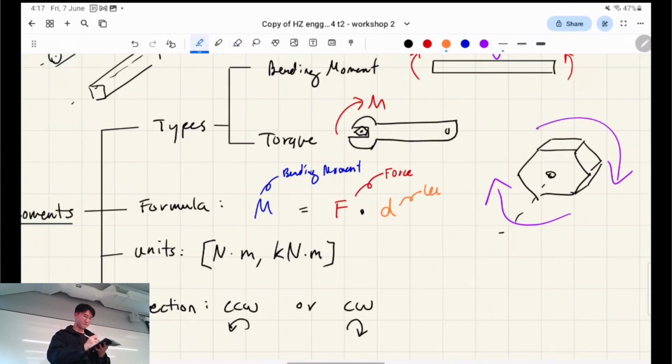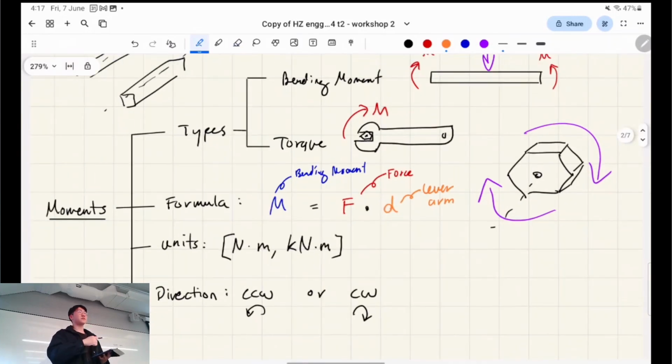This is called the lever arm. I'll explain what the lever arm is in the diagram I have on the next page a little bit more. But sometimes this lever arm is denoted with R or something like that as well. So it's kind of interchangeable.